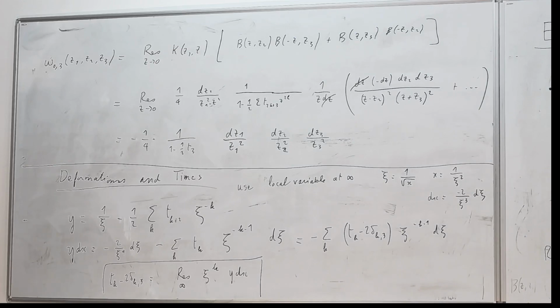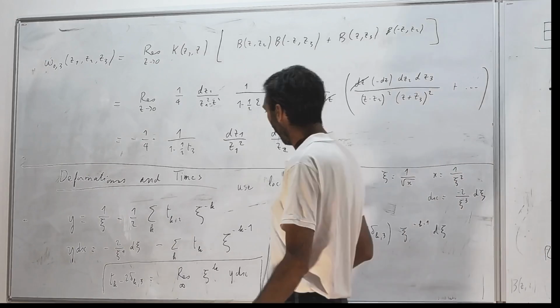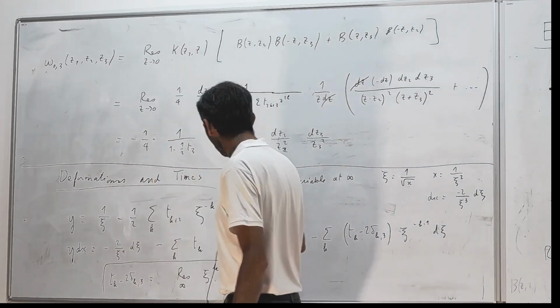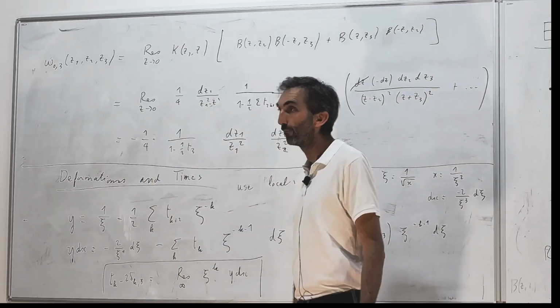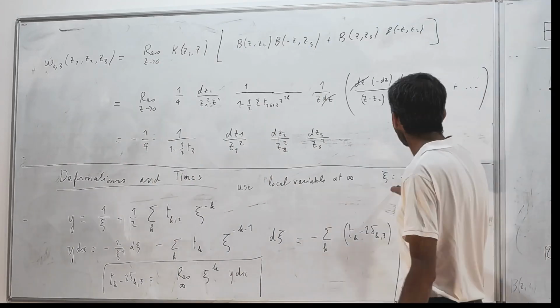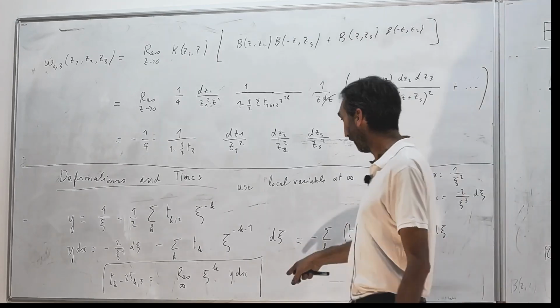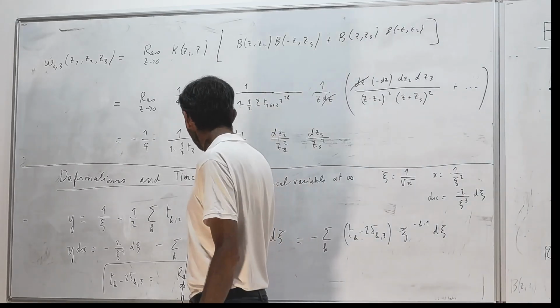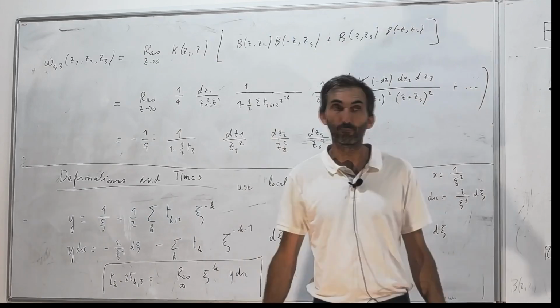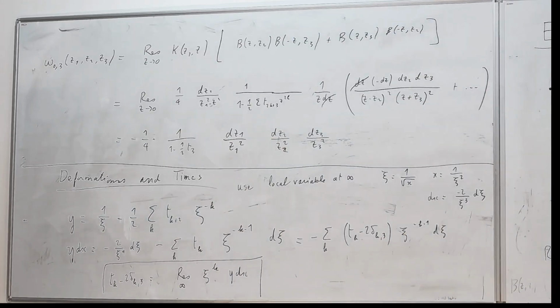This is why I say that this is the good normalization. If you want to define the times associated to a certain spectral curve that has a pole here at infinity, you should choose the canonical local variable at this point. And the times are the Taylor coefficients at that point. These are the good times. These are the times with which we'll get the KP hierarchy and all that. This is the canonical normalization of your times.